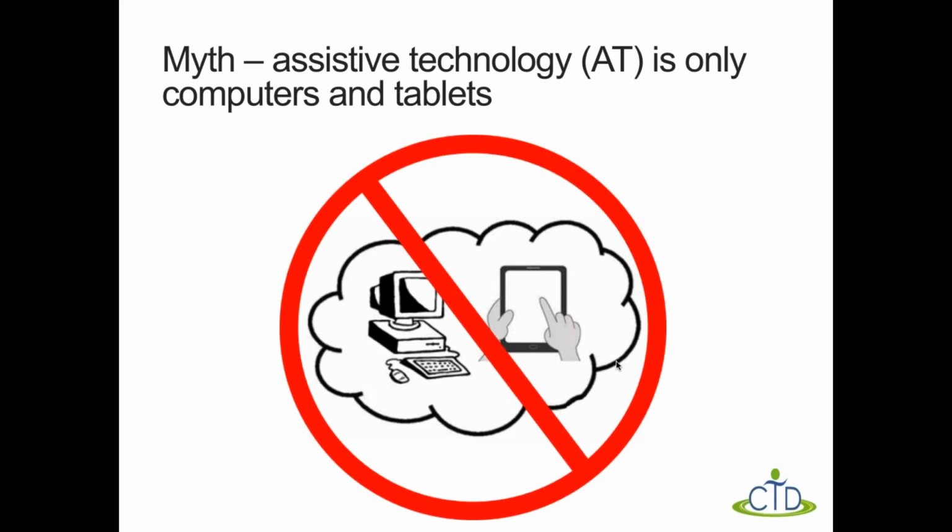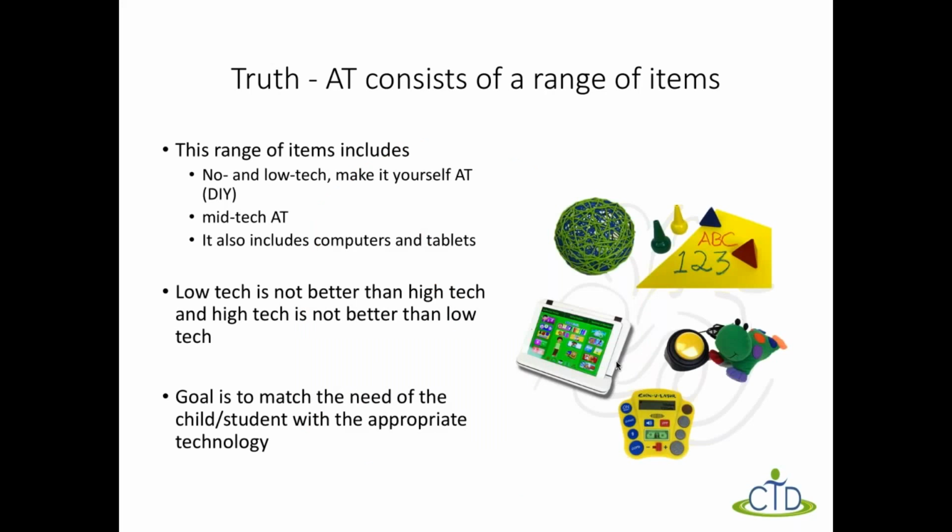But the reality is that assistive technology consists of a range of things, and some components have no technology at all. There are no batteries, there are no wires, but because of the federal definition, anything that can help a child do something that they otherwise couldn't do is our litmus test for what is assistive technology.